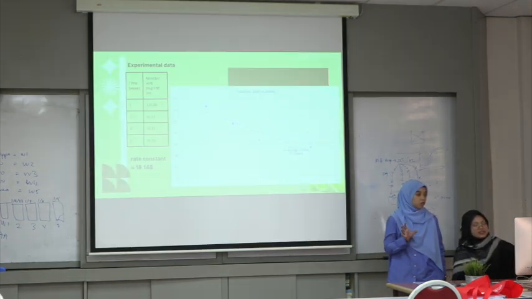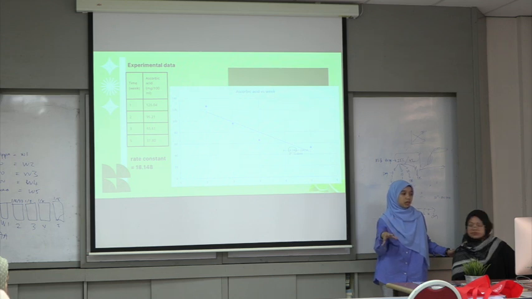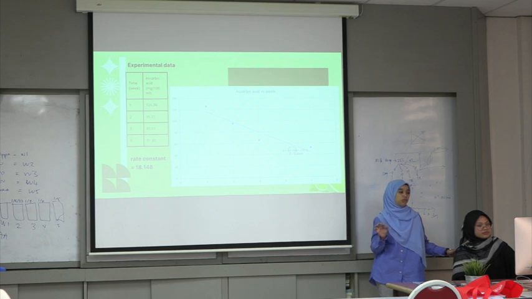Once we know the R square closest to one is the zero order, we just take the m, which is equivalent to k. So we get the rate constant k equals 18.148.